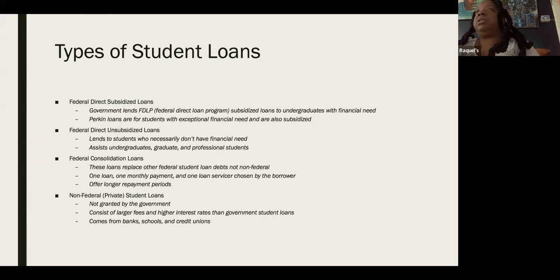Yeah, full-time, I believe is 12. I think half-time for the federal government consists of 6 credits. It depends on the program, I believe, undergrad versus graduate programs.